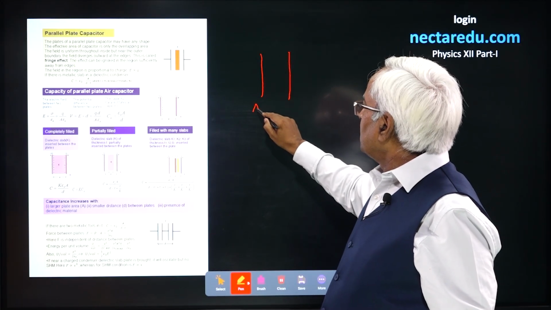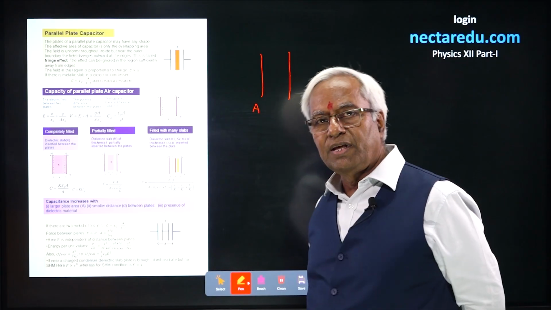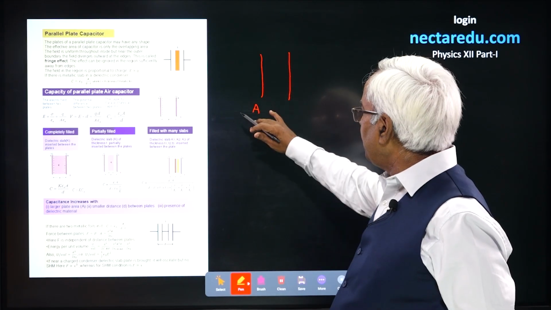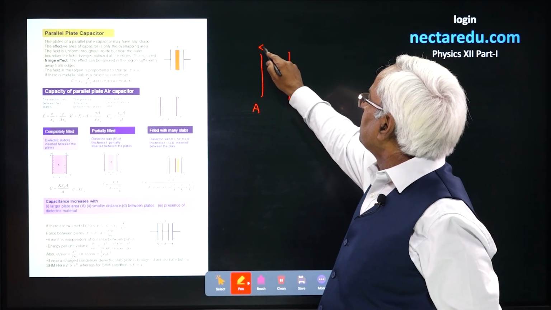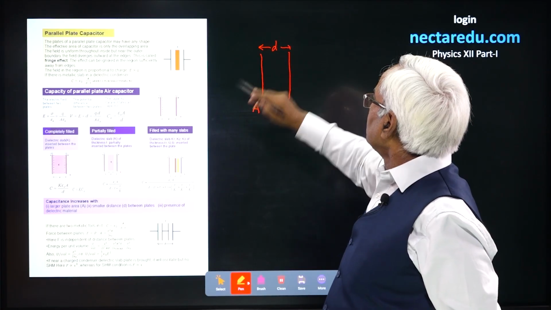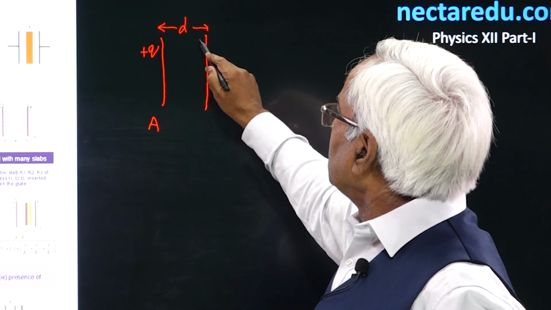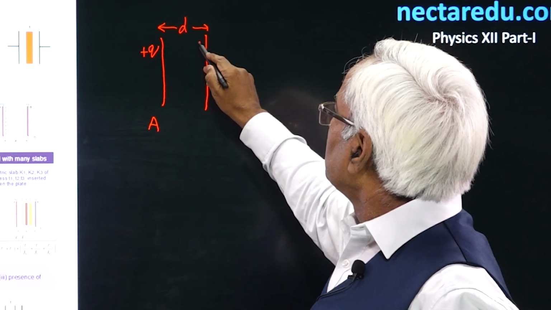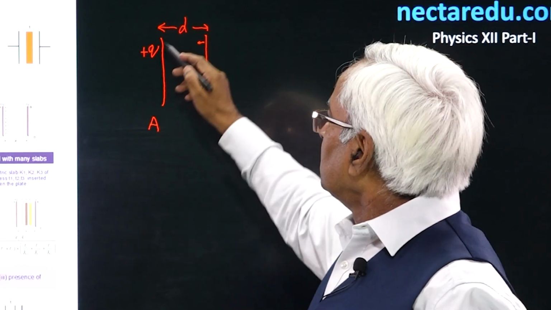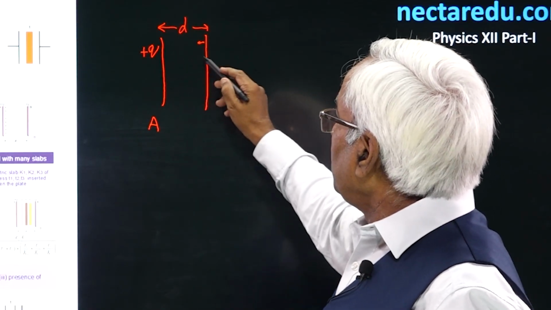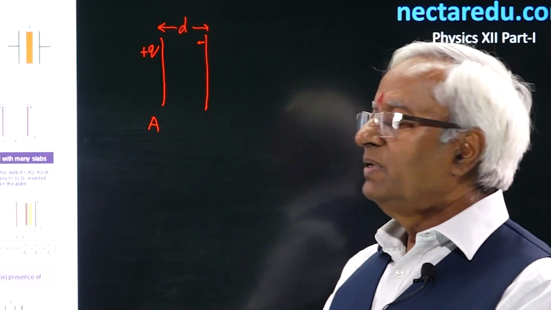Their surface area, or the overlapping area, or the common area, or the effective area is A. The distance between them is d. Once you give the charge Q, here it will be minus Q. Then you could calculate the field between them.